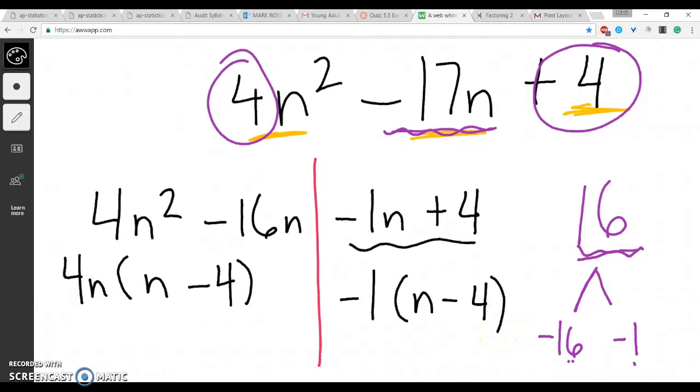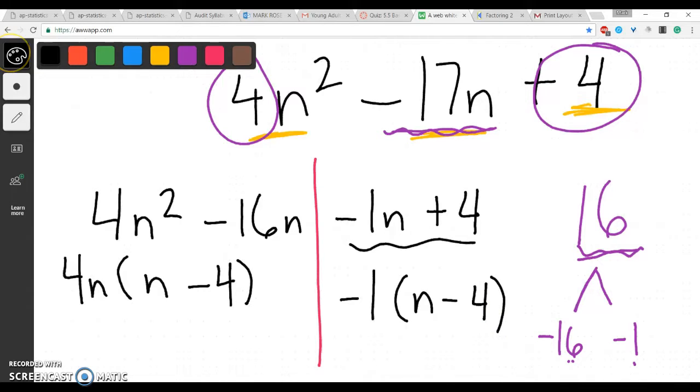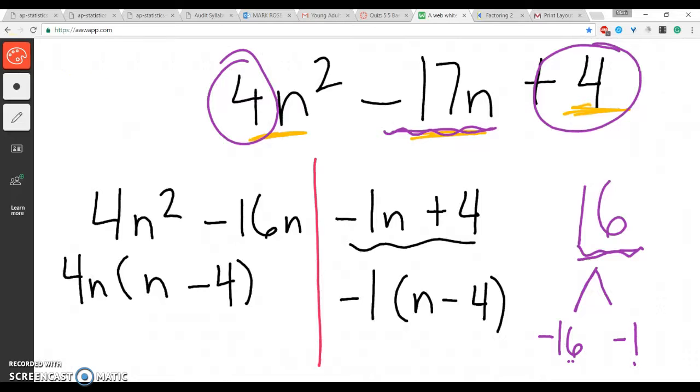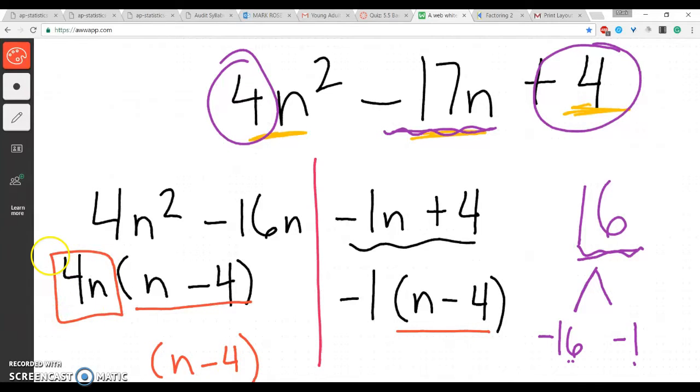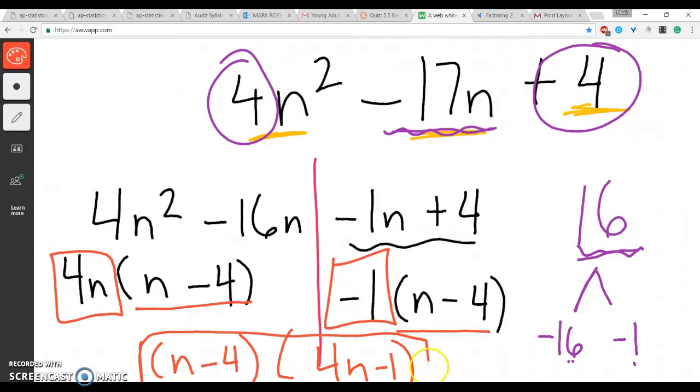So, now that I have that factored, I have 2 terms that are the same, which is good again. So I'm going to have n minus 4, and then I take the leftovers, which is this right here. And this would be my final answer.